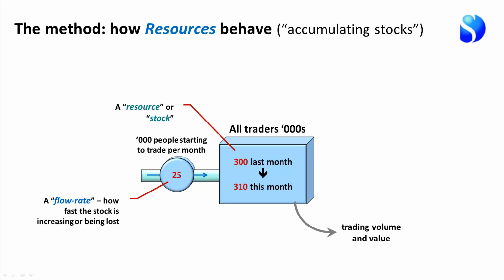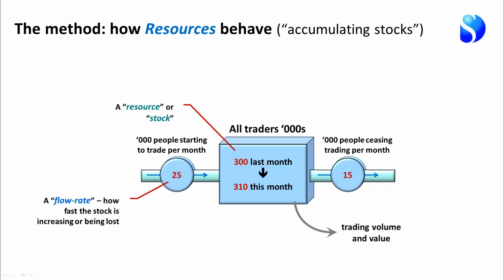So that flow rate says how fast the stock is increasing. But if 25,000 people started trading and we only ended up with an increase of 10,000, that must mean that on the other side, 15,000 people stopped trading per month. So that's another of these flow rates.